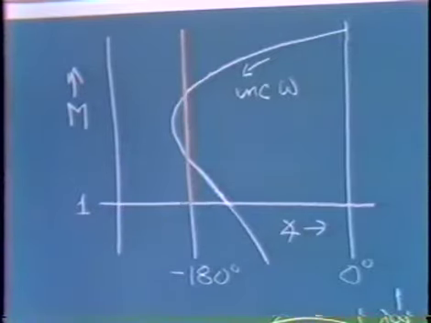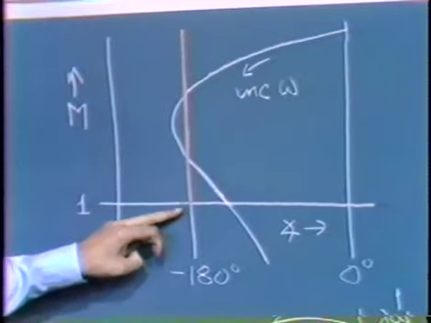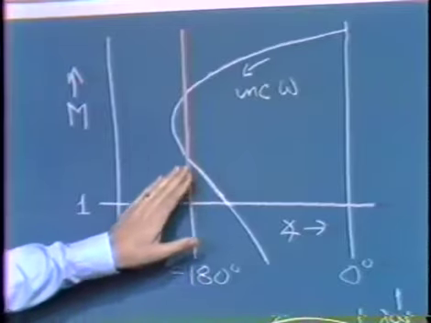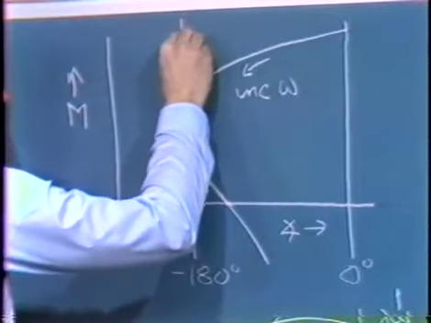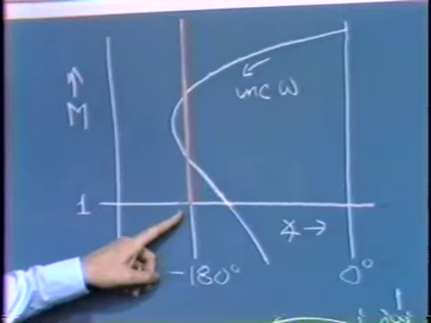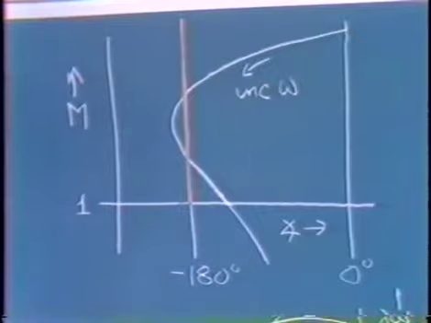G sub d would have a maximum value of 1, so 1 over g sub d magnitude would have a minimum value of 1, and would then increase to larger values for increasing E. So we'd end up with a curve that goes like this. The angle, of course, of minus 1 over g sub d of E would be minus 180 degrees, since the angle of g sub d of E is 0 degrees.